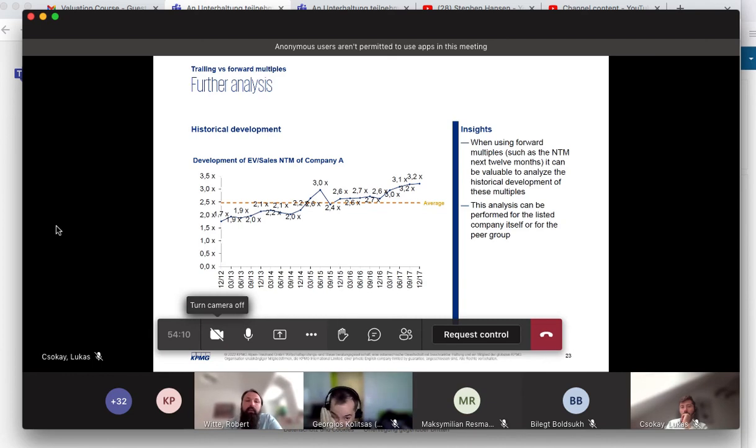And so maybe your conclusion on that picture is that the 3.2 is justified because in the end, it's just the latest stage in this upward trend. Maybe you want to argue that no, this is just a distortion, and it will revert to the mean at some point. But no matter what you make out of this picture, you first have to look at the picture to have all the data and really to assess the multiple, right? Again, it's just cross-checking the observations you make.